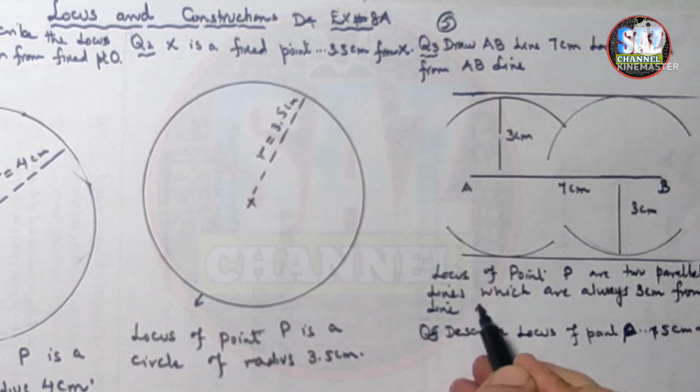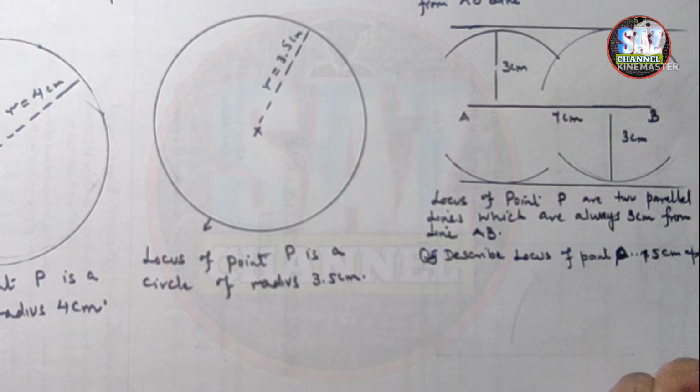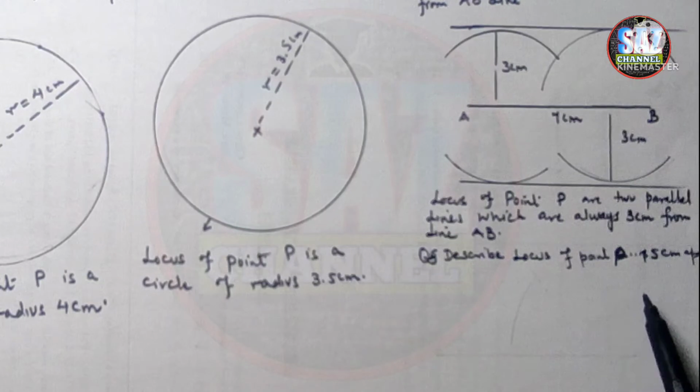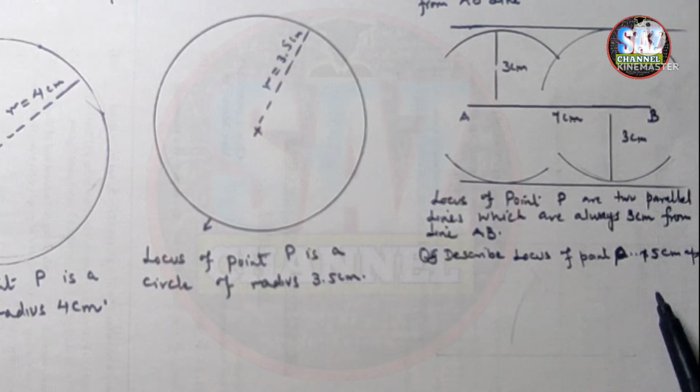Moving to question number 5. Question number 5 says two points A and B are 7.5 centimeter apart. Draw the locus of the point P equidistant from A and B. Try to understand the question.